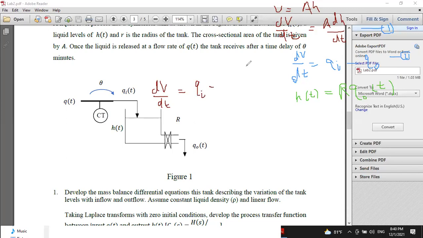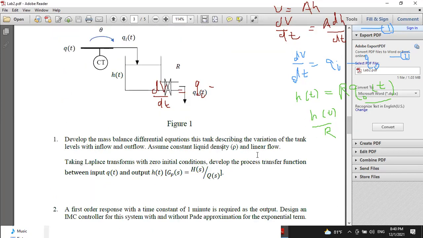From here we can derive Q naught equals h(t) over R, because we have to develop this format.